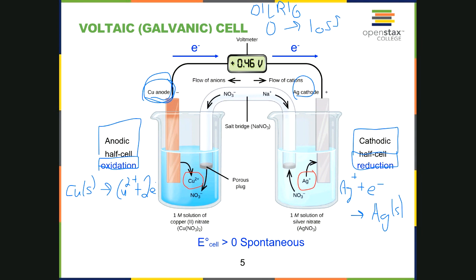And then the reduction, which is on your other side here, that's going to be the gaining of electrons. Now that'll help to keep it straight as far as the losing and the gaining.